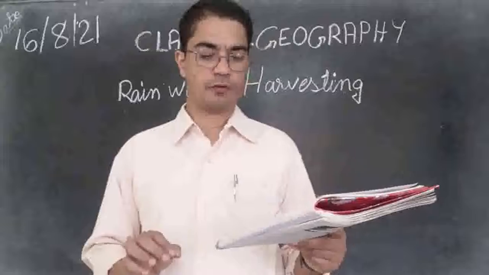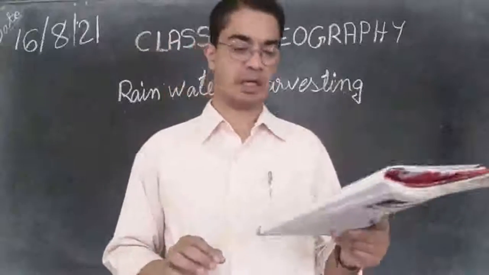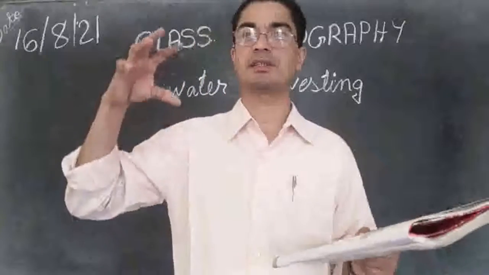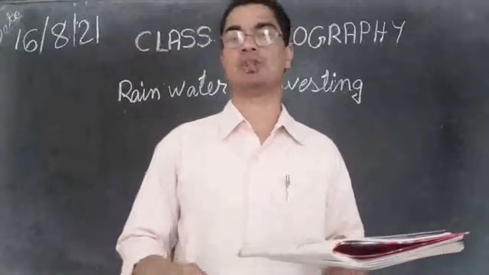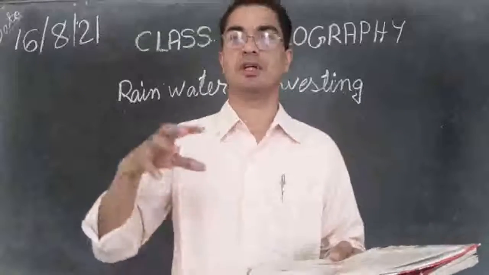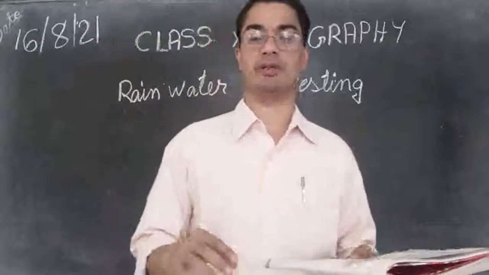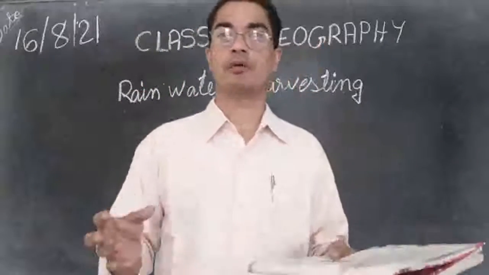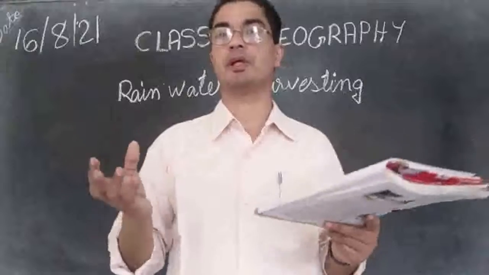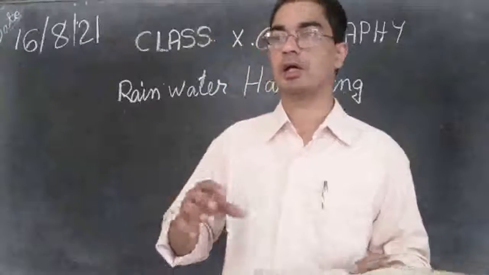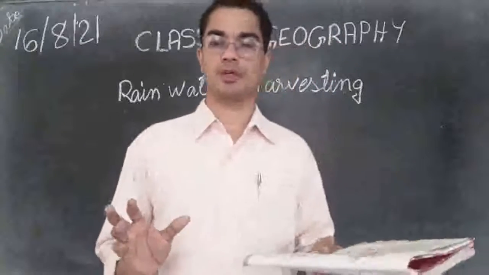Then water from the well recharges the underground. When water is poured into this well, what happens? It sinks into the ground, and that way the ground level water comes up and increases. Only then will the water sources remain fresh.